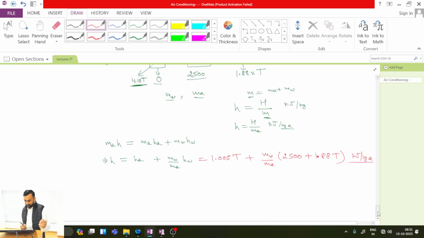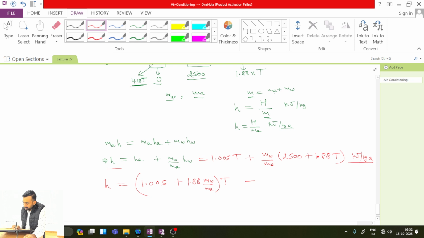The way we define enthalpy, we also define one more property. This enthalpy can now be written as (1.005 plus 1.88 into MW by MA) times T, plus MW by MA into 2500.